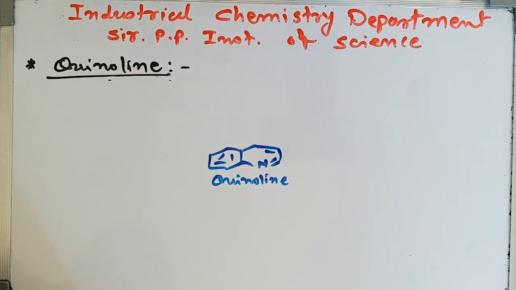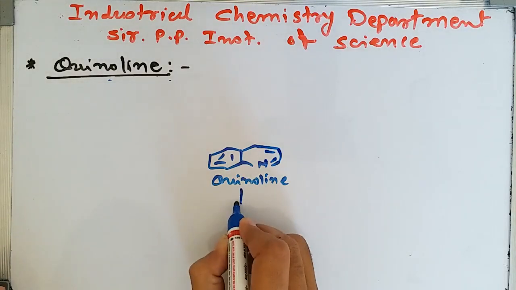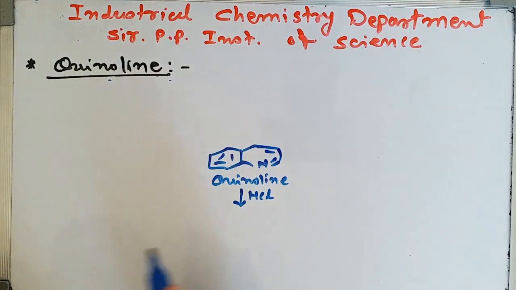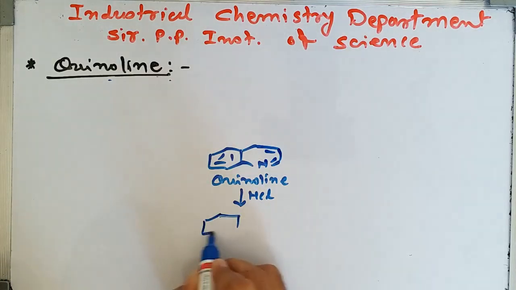As for example, if we treated quinoline with hydrochloric acid HCl, then quinoline hydrochloride is obtained.